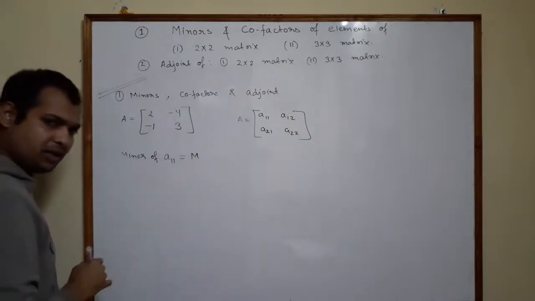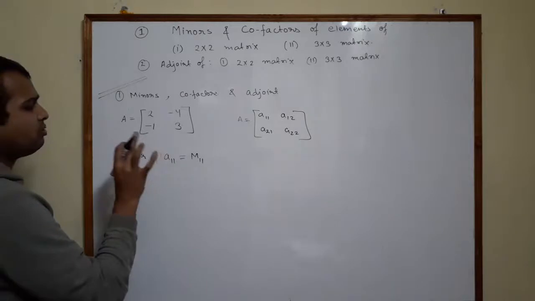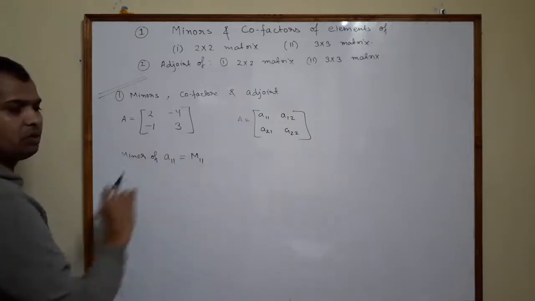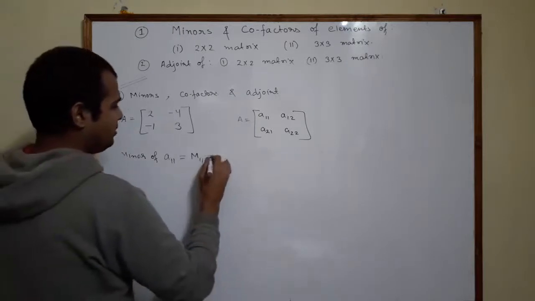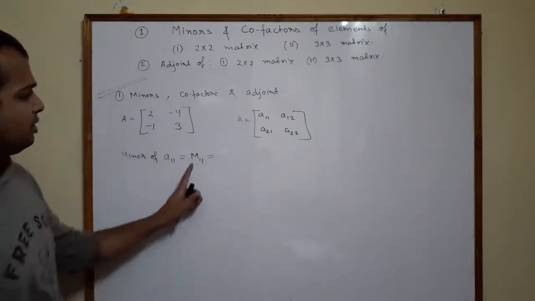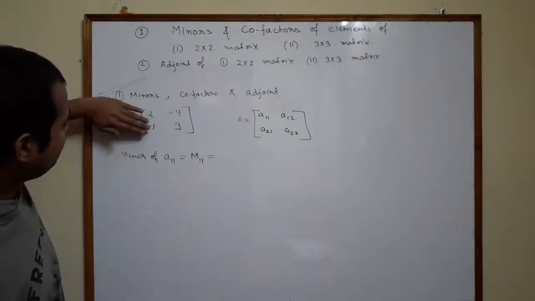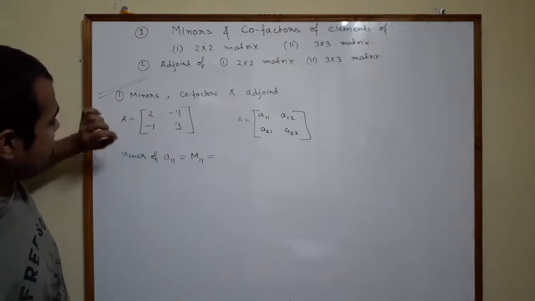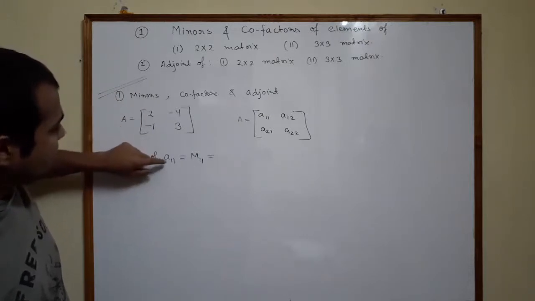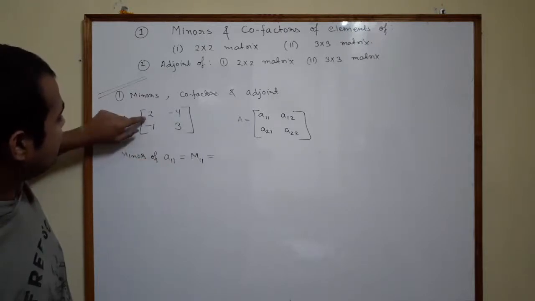Here M denotes minor, and then we write the position of the element. Its value will be found by covering the first row and the first column, because we are looking for the minor of A11, that means the minor of 2.